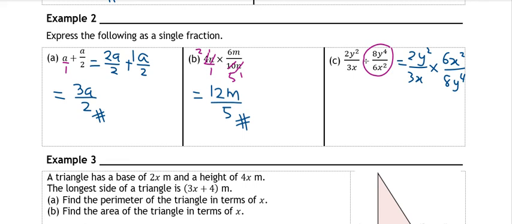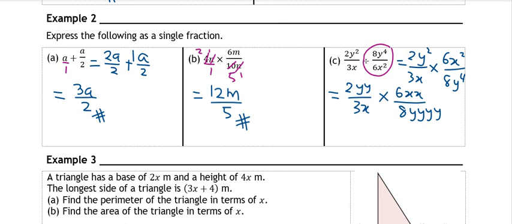Now you will use the idea of repetition: 2y squared means 2 y y over 3x, times 6 x x over 8 y times y times y times y, right? So when you see this, it's quite simple to solve.